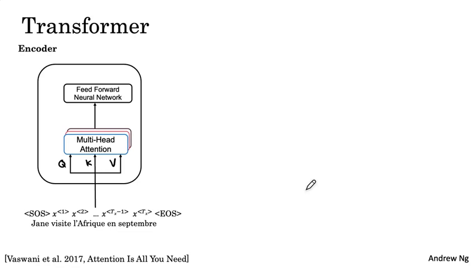In the transformer paper, this encoding block is repeated n times, and a typical value for n is 6.